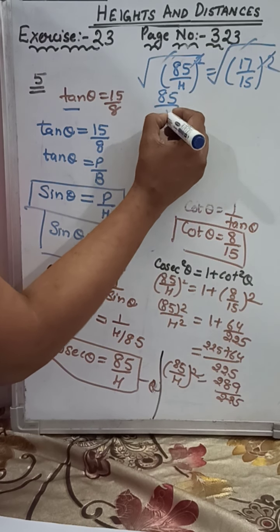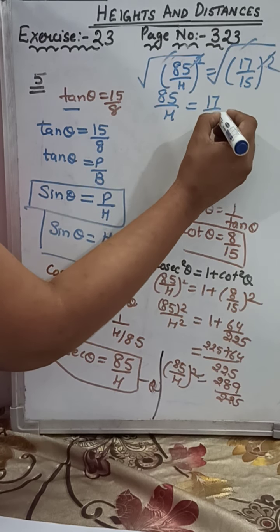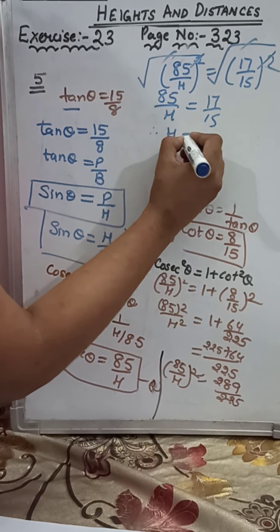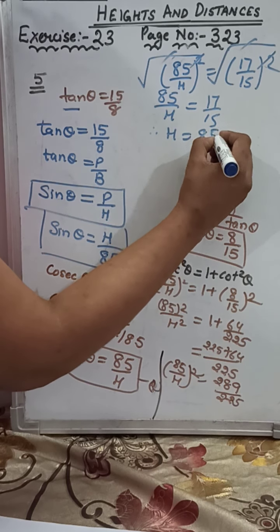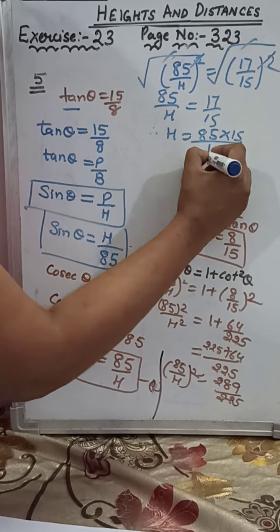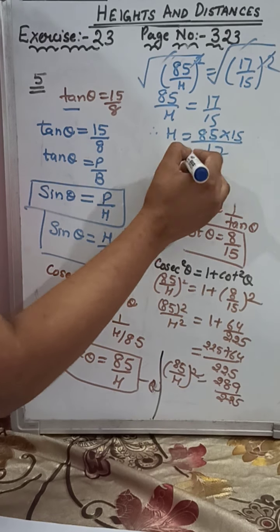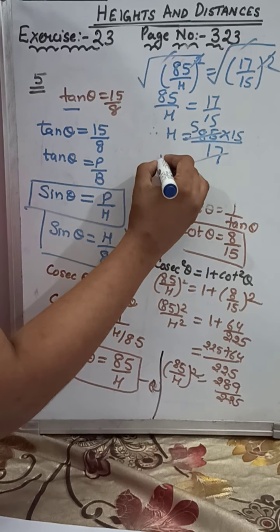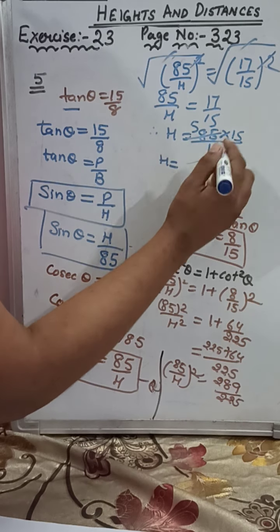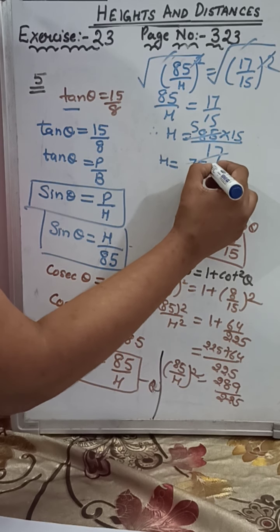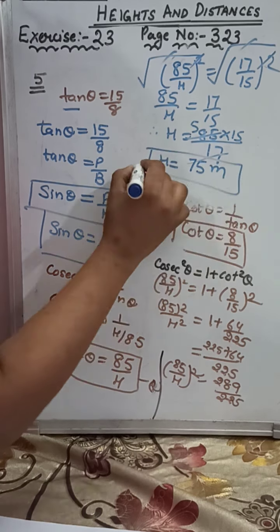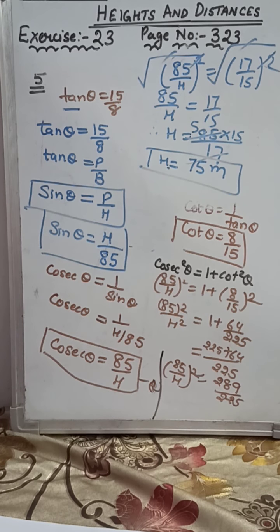So 85 by h is equal to 17 by 15. Therefore h will be equal to 85 into 15 upon 17. This will cancel 5 times with the table of 17. So 15 into 5 will be 75. So the height of the kite is 75 meter. This is the answer of question number 5.